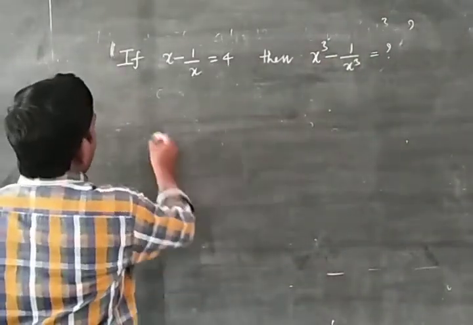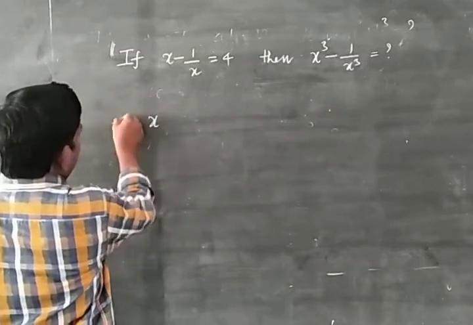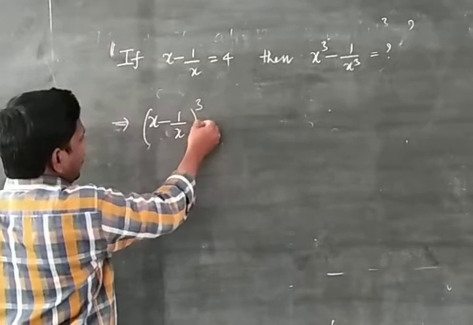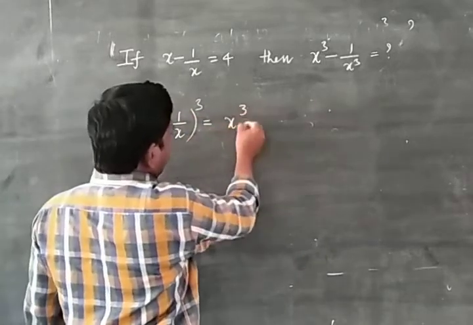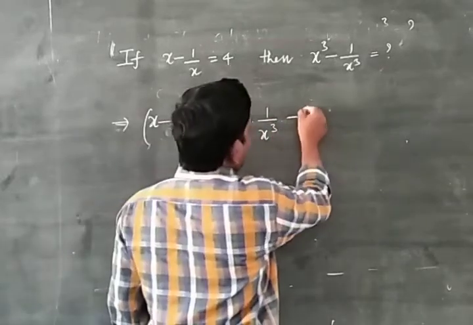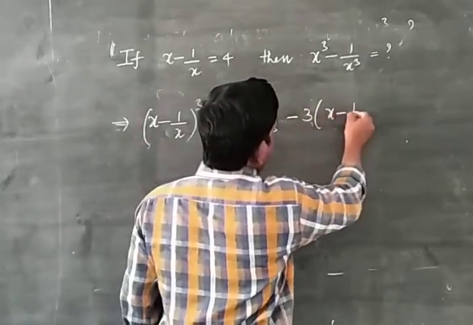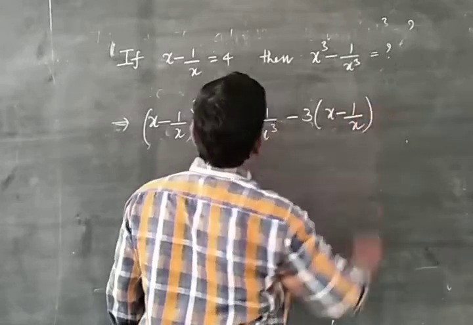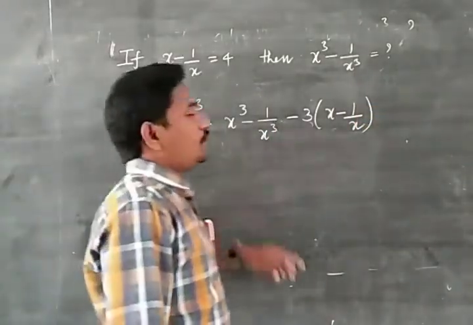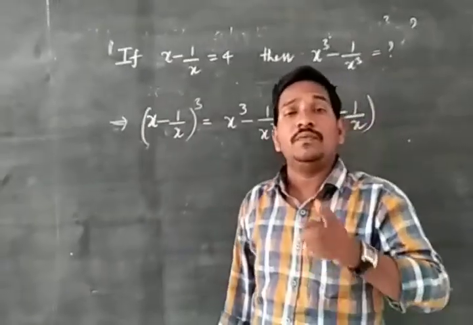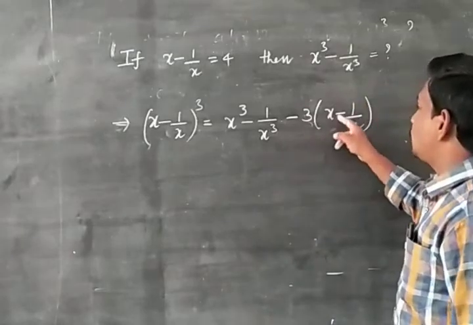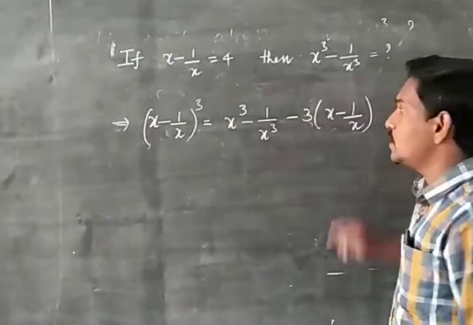We have an x minus 1 by x whole cube formula. That means x minus 1 by x whole cube equals x cube minus 1 by x cube minus 3 into x minus 1 by x. We have this formula.